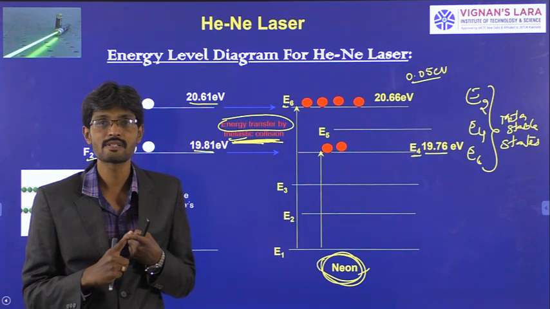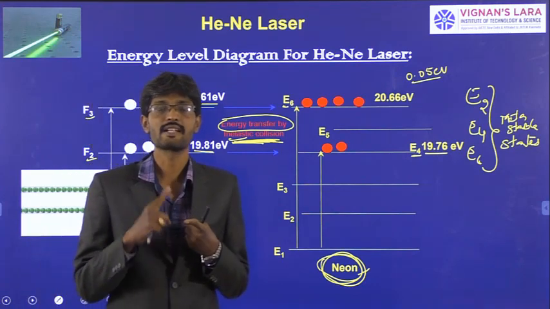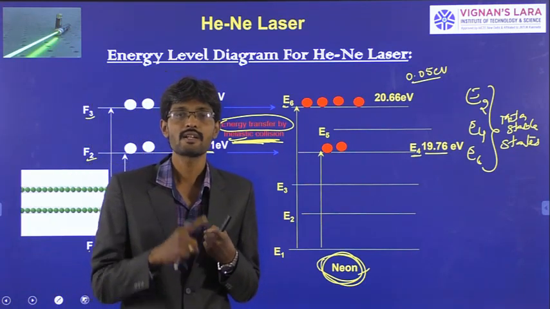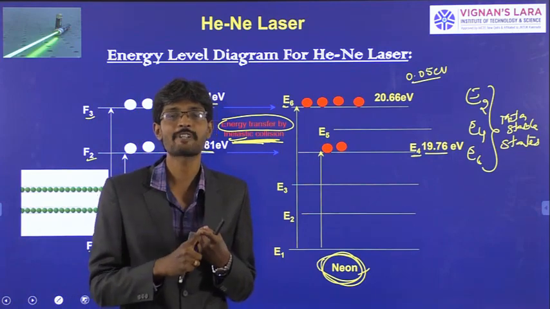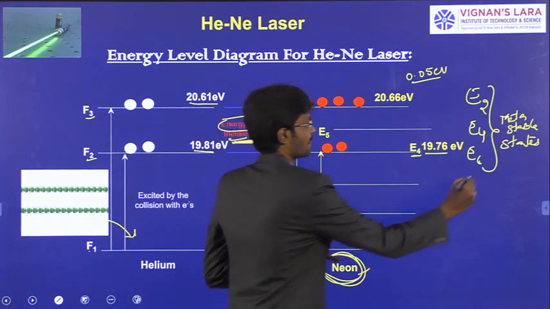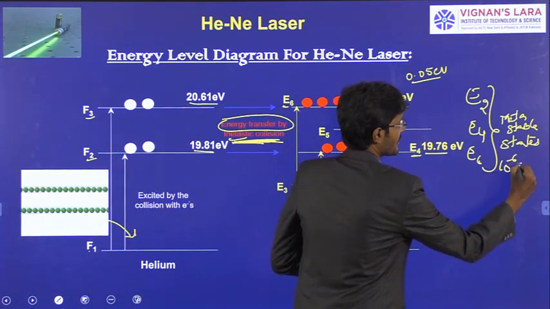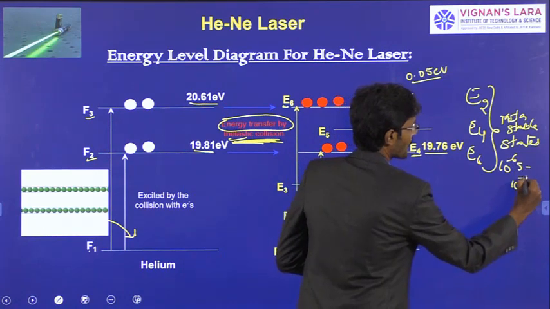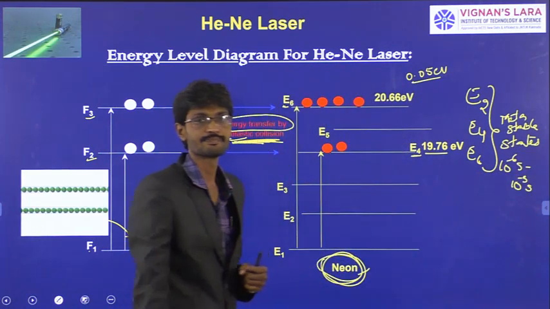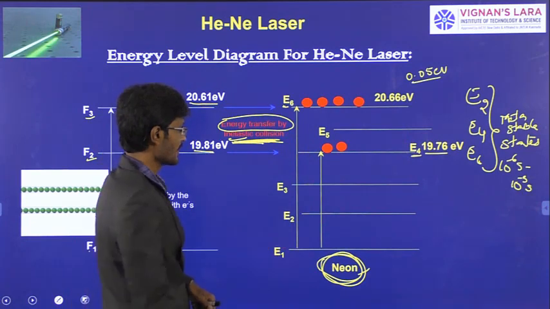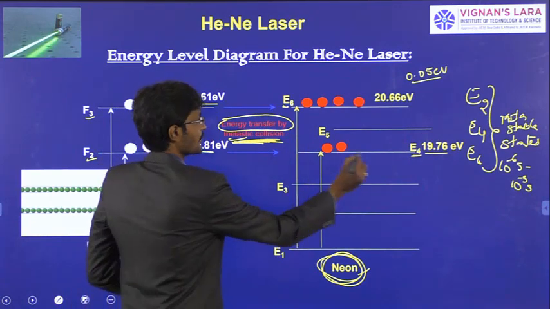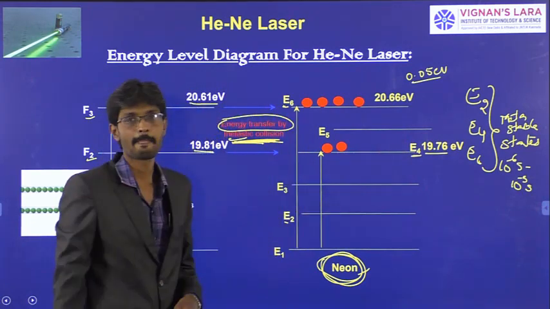What are the metastable states? Metastable states are the energy states where the atom has a lifetime of 10 to the power of minus 6 seconds to 10 to the power of minus 3 seconds. So in neon, E2, E4, E6 are metastable states.